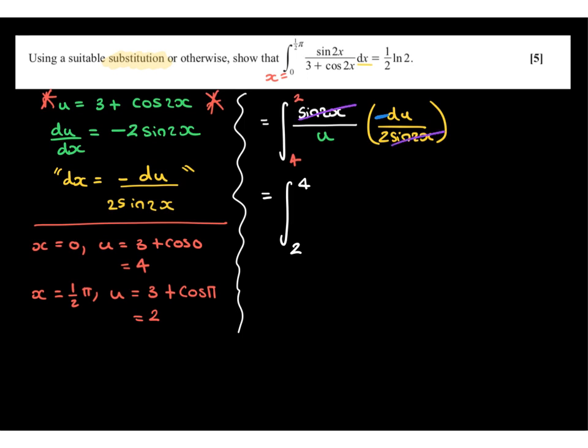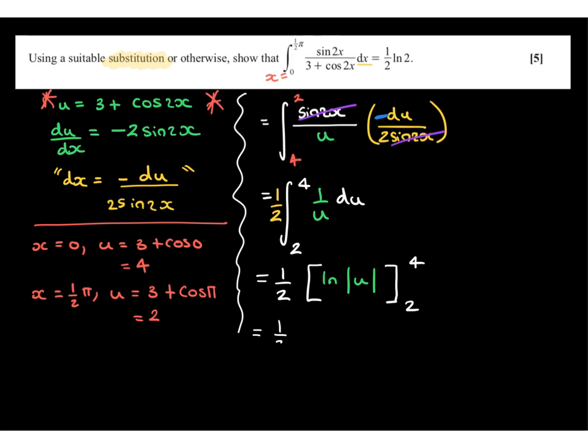I'm going to pull the factor of a half out of the front of the integral, and then I'm left with 1 over u du. Remember that negative vanishes because we've switched the order of the limits. So I then integrate, so I have a half and then ln mod u. I must include the modulus until I know that it's no longer needed.